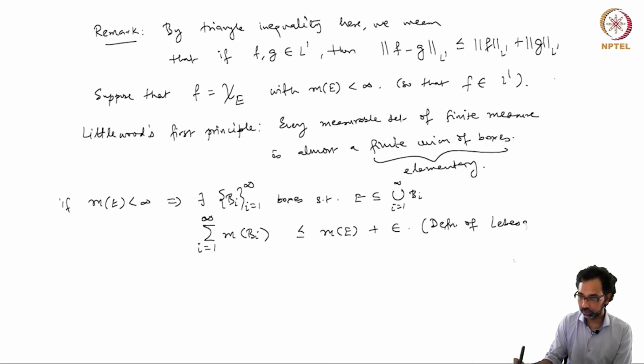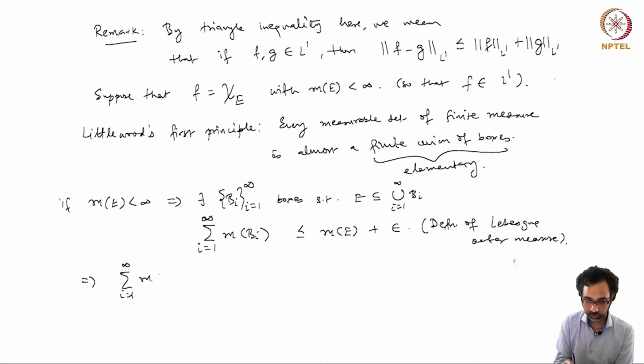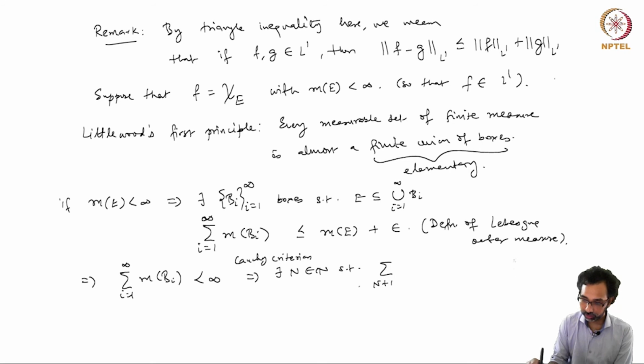Definition of the Lebesgue outer measure, and this also implies that this sum is finite, which means that by the Cauchy criterion for series, there exists a number n such that the sum from i equal to n plus 1 to infinity of m(Bi) is less than or equal to epsilon.